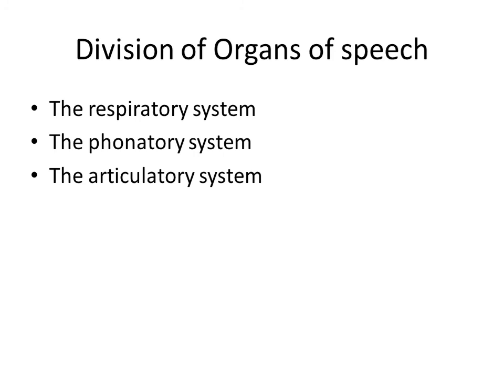Articulatory system means the parts of the tongue: front of the tongue, center of the tongue, back of the tongue, then the roof of the mouth, hard palate, soft palate, and the part of the roof of the mouth in between hard palate and soft palate. So these are the divisions of organs of speech.